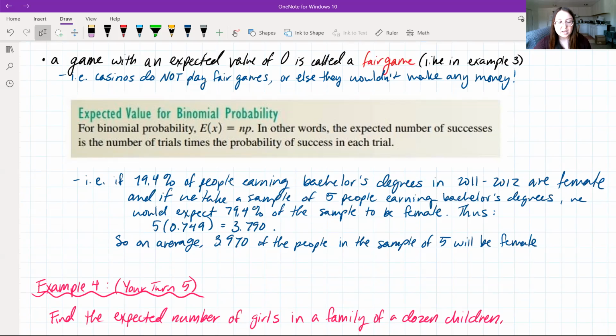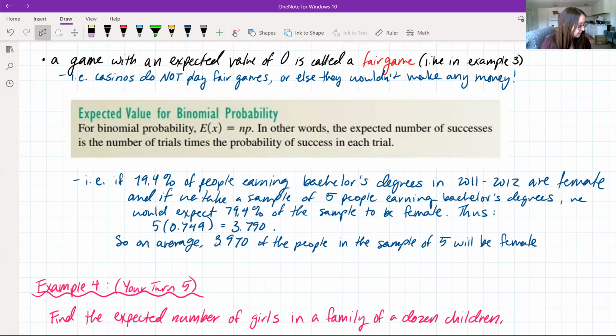So for an example, if 79.4% of people earning bachelor's degrees in 2011 to 2012 are female, and if we take a sample of 5 people earning bachelor's degrees, we would expect that 79.4% of the sample should be female. Thus, this means 5 times the probability of someone being female in this group, and we end up with 3.790.